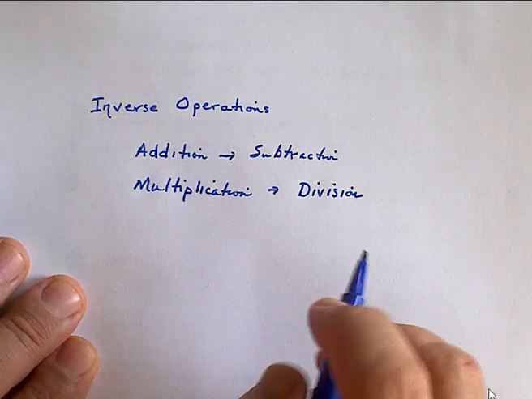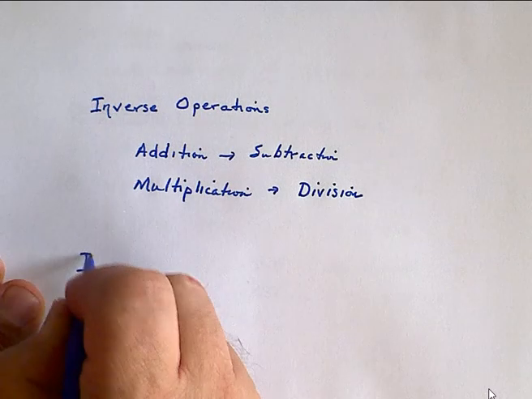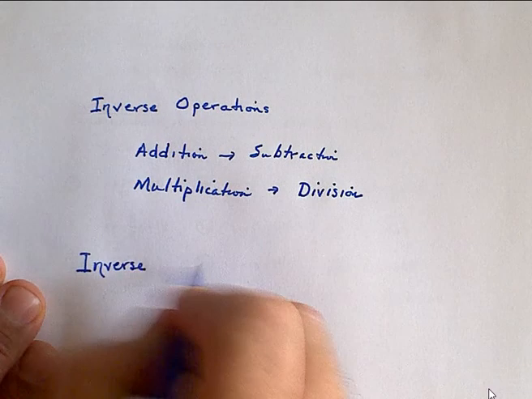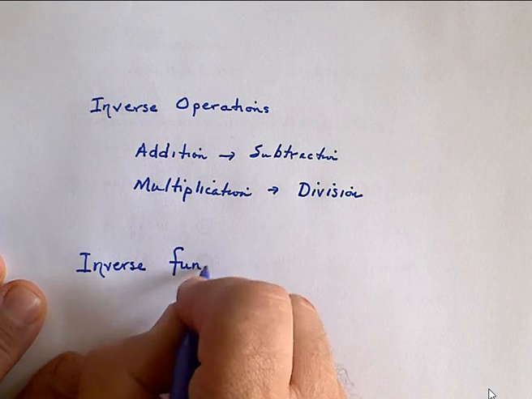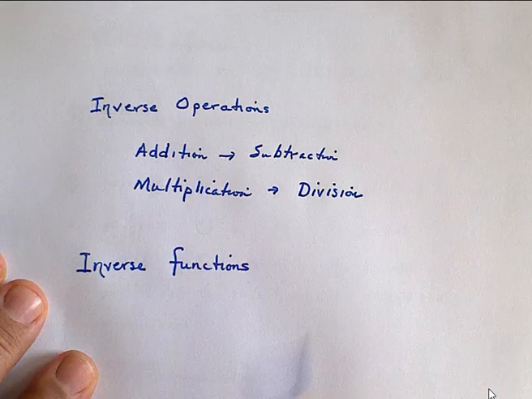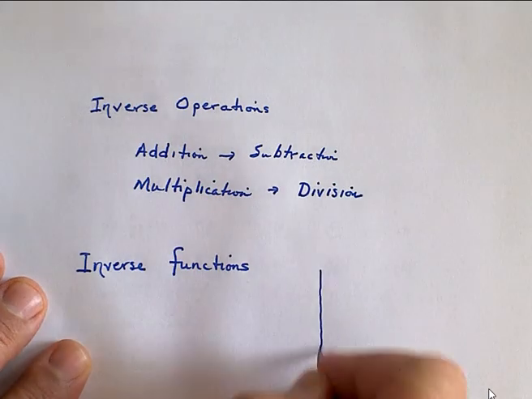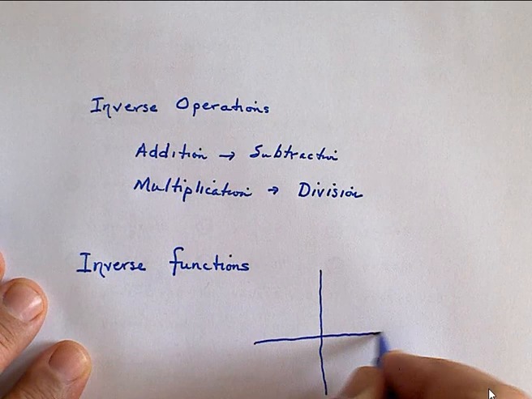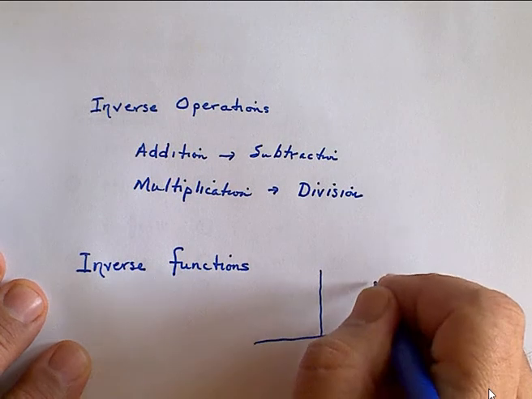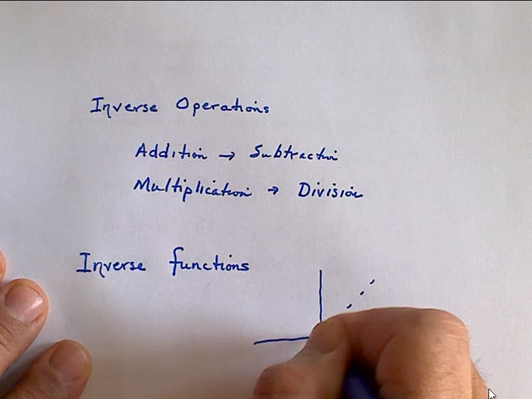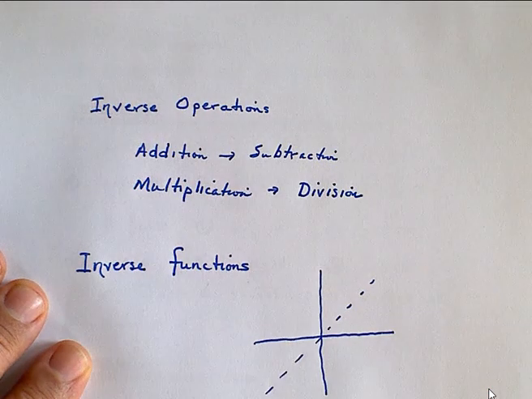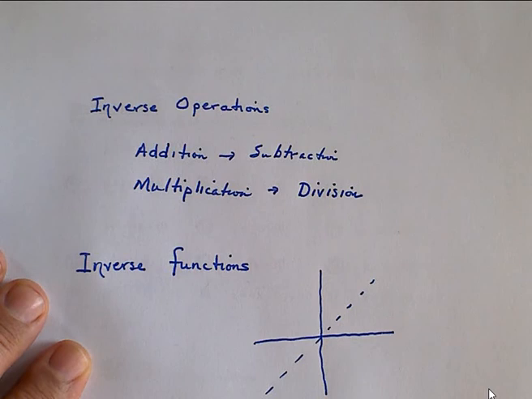Well, in a similar manner, inverse functions are functions that, when you look at them in conjunction, are basically inverses of each other. They're almost like opposites. If you look at their graphs, on the xy axes, there is an imaginary line called the identity line that passes through where y equals x.